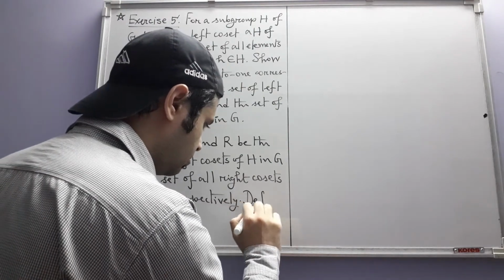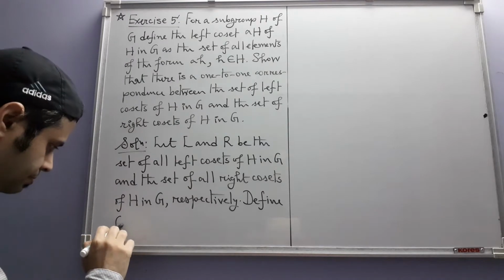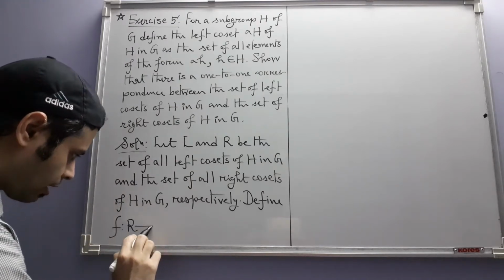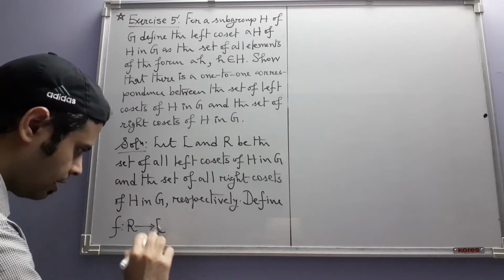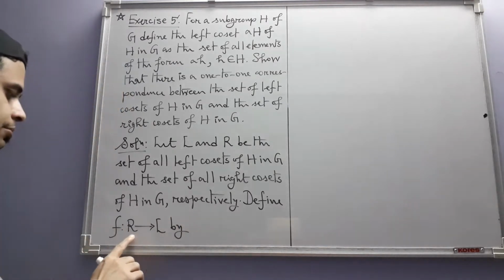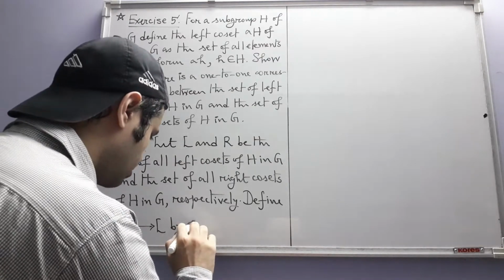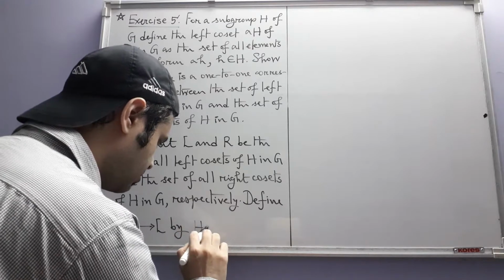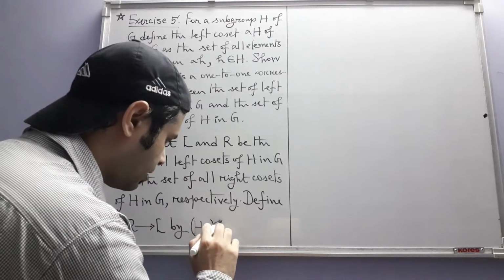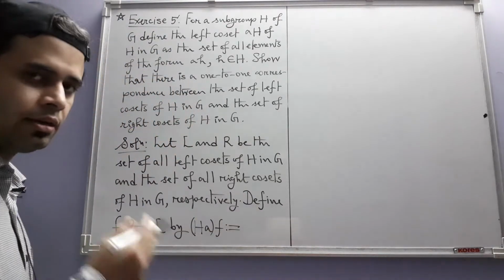So we are going to do that like this. Define a function f from R into L by, so we have to map a right coset onto a left coset. So an arbitrary right coset of H in G looks like this, Ha, and its f image should be a left coset.